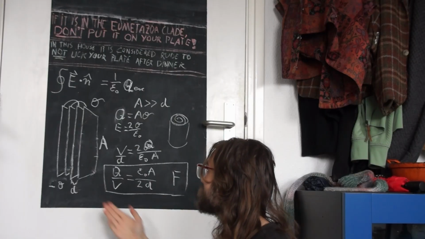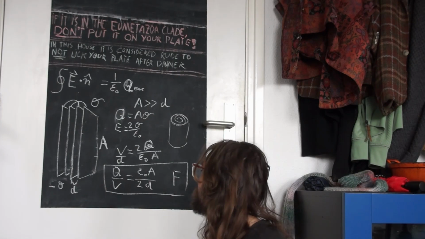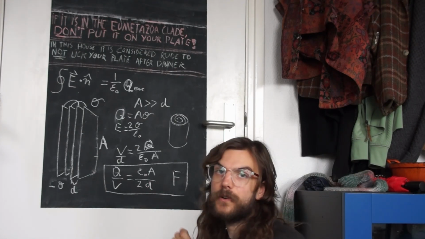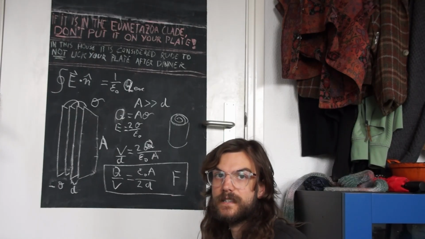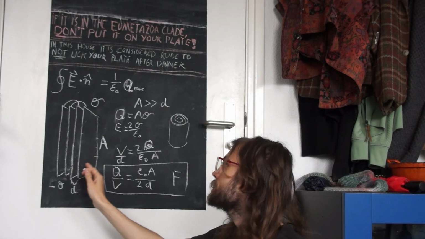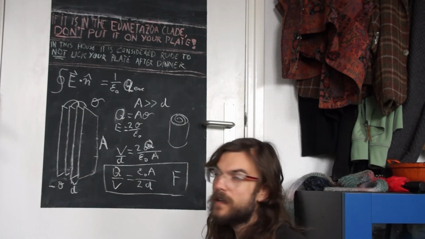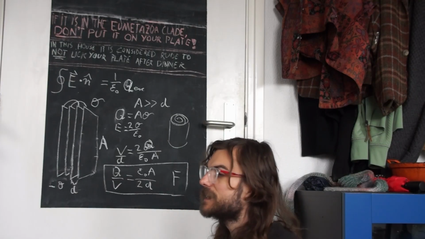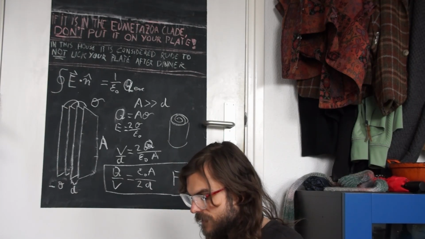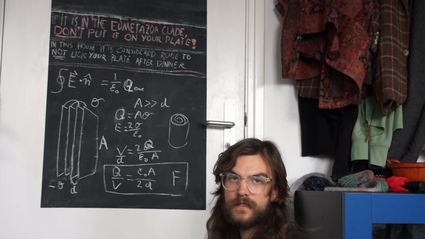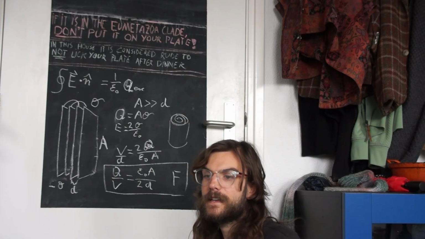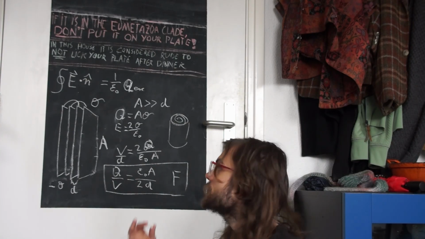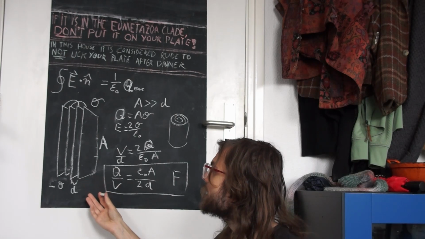So the larger the plates, the higher the capacitance, and the larger the distance, the lower the capacitance. In newer capacitors, we don't use air between these plates, and there's all sorts of materials that you can do, dielectrics or whatever.